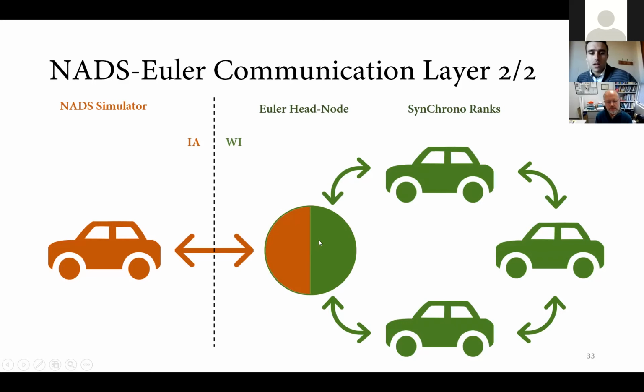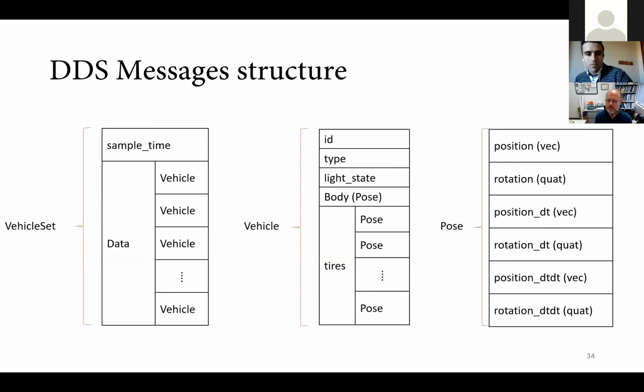So what this node does is transmit all this data in a single message that is sent to Iowa, and get back the Iowa vehicle state, pretending that it's just its own agent. So this is how it works.